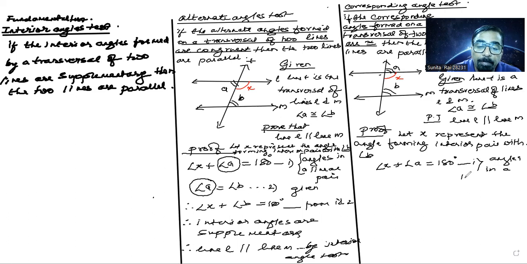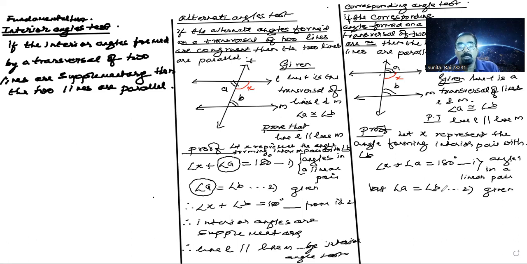But angle A is equal to angle B, statement number 2, given. So what will happen? Therefore, X plus angle B is equal to 180 degrees. Reason: from 1 and 2.